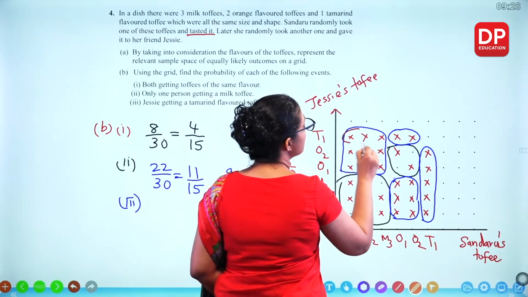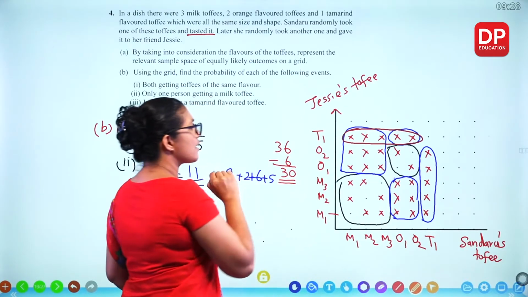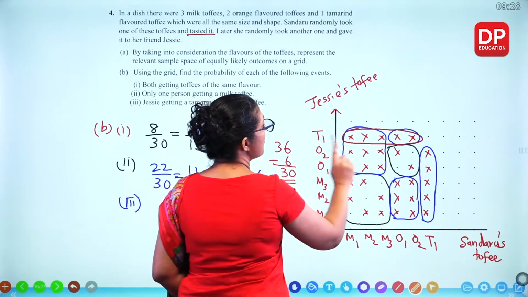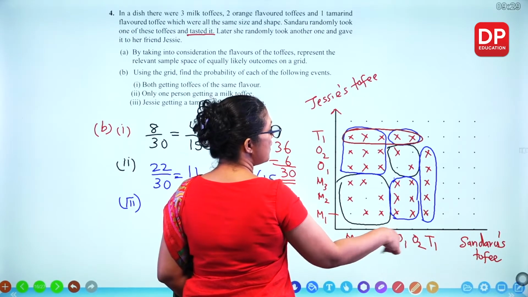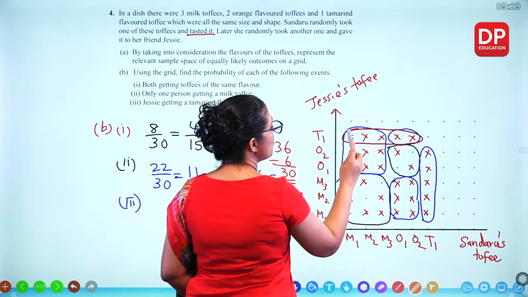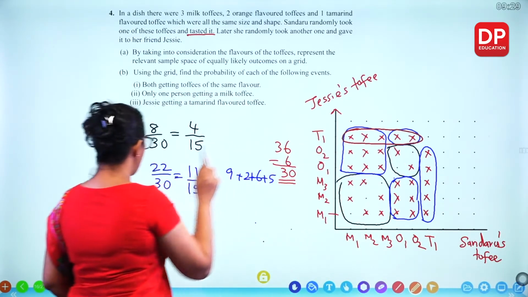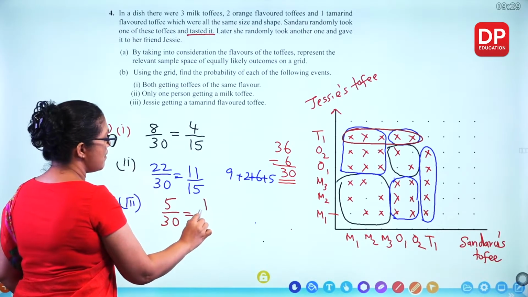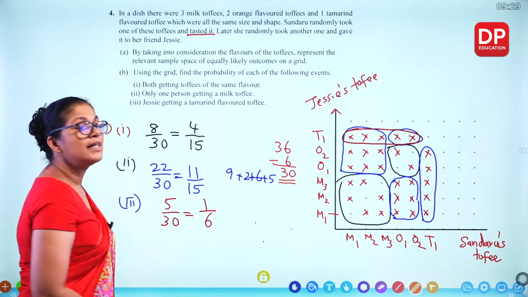So this part is the required elements. So here tamarind for Jessie and the other flavors for Sandaru. 1, 2, 3, 4, 5. So 5 out of 30. Simplify, you get 1 over 6.